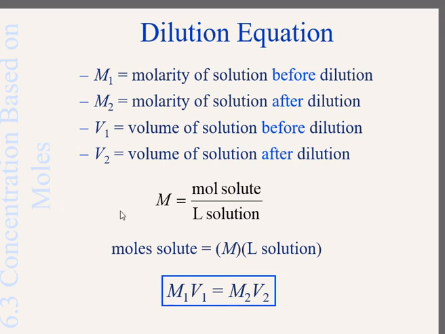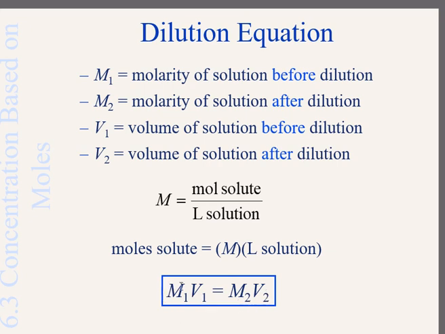Now, it's easier said than done, but if you were to actually do this, the way you would solve these kinds of problems when you are trying to make a dilute solution is by using a simple calculation where molarity 1 times volume 1 equals molarity 2 times volume 2.